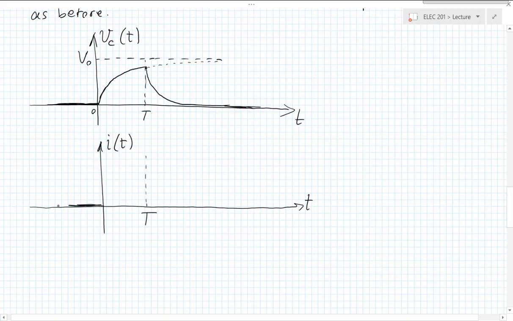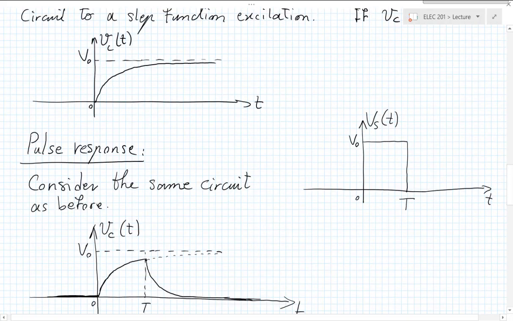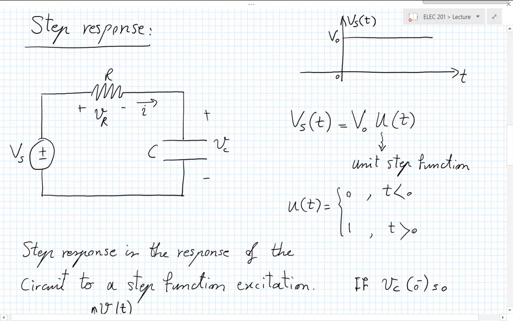Before 0, we had nothing, no stimulation. Everything was at 0. At time t equals 0, what is the current in the circuit? Let me go back to the circuit. So immediately after the voltage jumps to V0, what's the current? So one answer is 0. So I'm interested in the current I at time 0 plus.